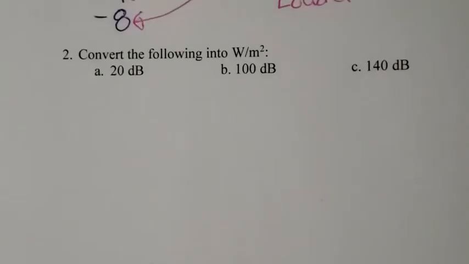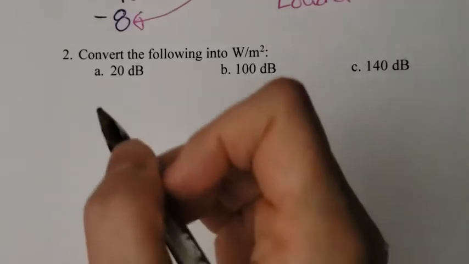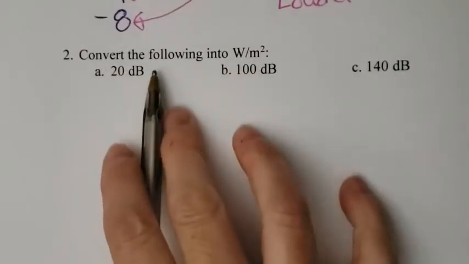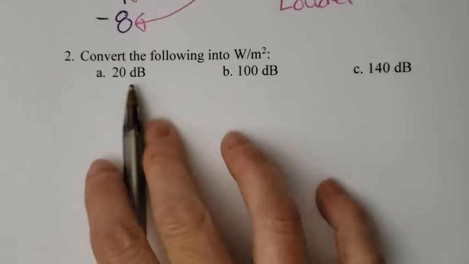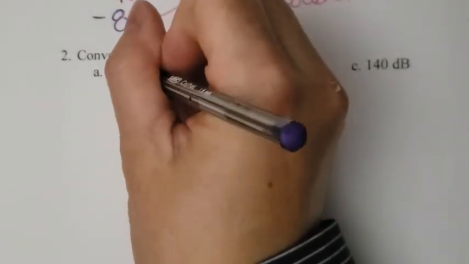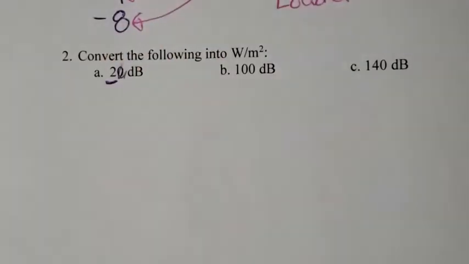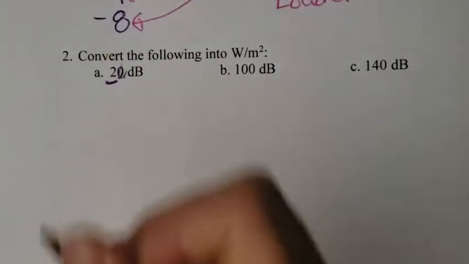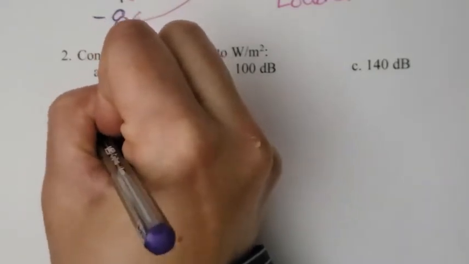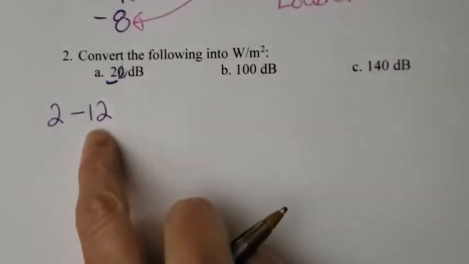The other thing we need to learn is how to convert from one scale to the other. There's a little trick here. It says convert the following into watts per meter squared. We're starting with decibels. You always ignore the 0 and just look at the number. We have the number 2. All you have to do is go 2 minus 12.